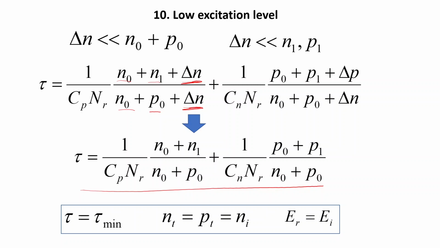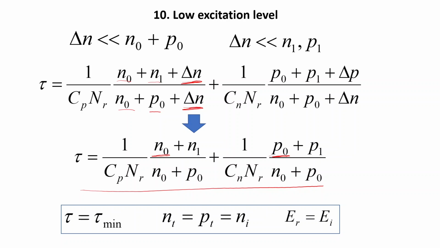So at low level of excitation, we need to care only about properties of the semiconductor itself, which are determined by equilibrium charge carriers under thermal equilibrium conditions, meaning on doping concentration, on whether it's N or P type, because N0 and P0 will be different.